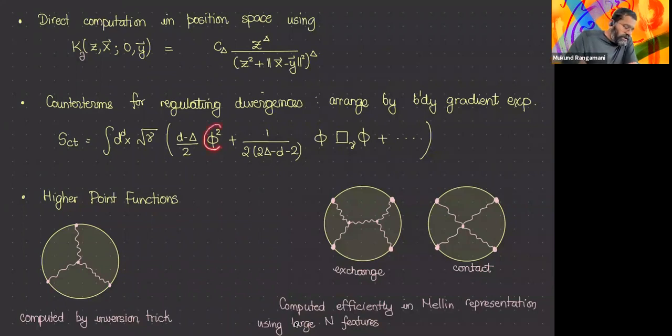They're local functionals of the boundary fields and their derivatives. So if I have a boundary metric gamma, I can add counter terms that are quadratic in the boundary values of the fields up to derivative corrections, and you can work out, depending on what the dimension of the operator is and what space-time dimension you're in, how to cancel divergences order by order in boundary derivatives.